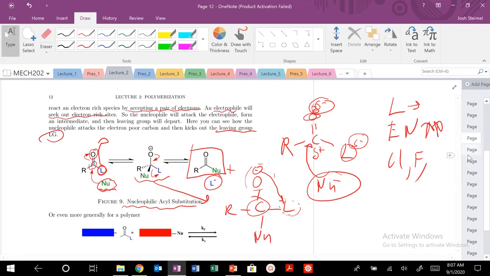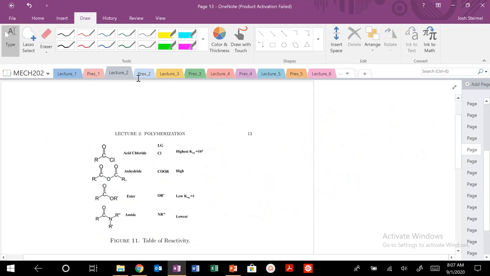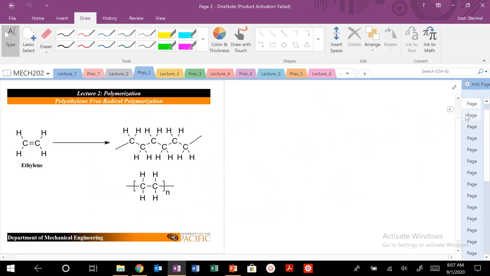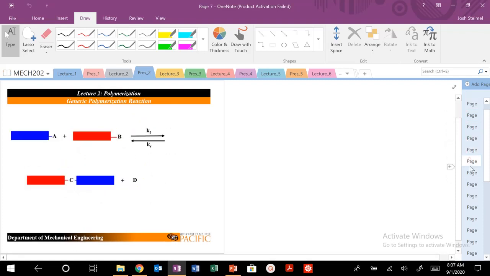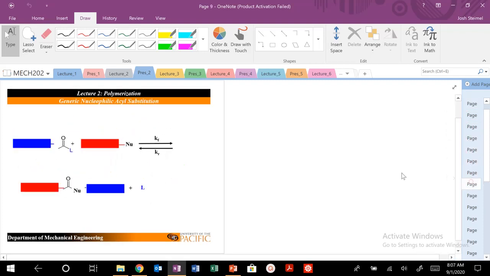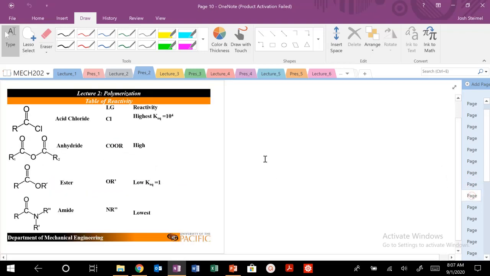When we look at this table, which I really love, you're going to see lots of nice figures in this lecture. Not to toot my own horn, but if we look at this table of reactivity at these different leaving groups, here's our leaving group on the COR.